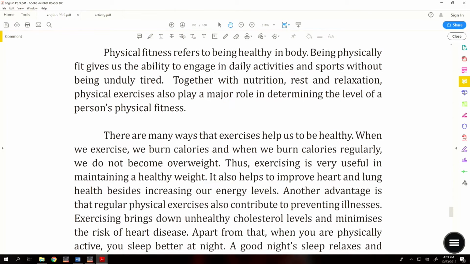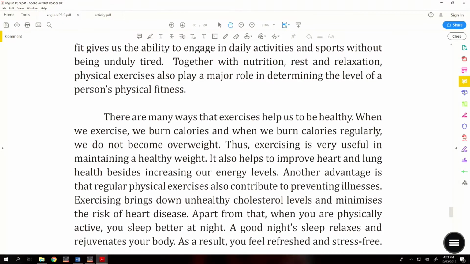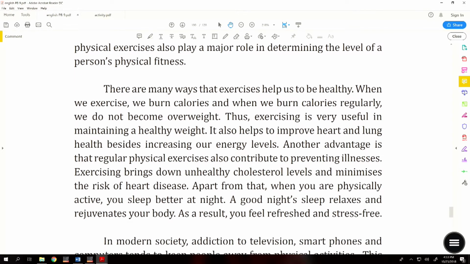In the second paragraph, you can see there are many ways that exercises help us to be healthy. When we exercise, physical exercises help us to burn calories.